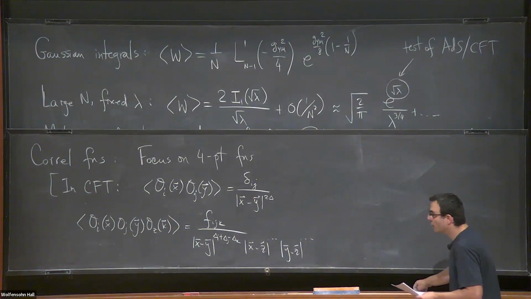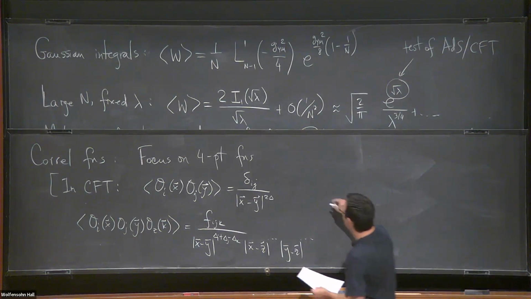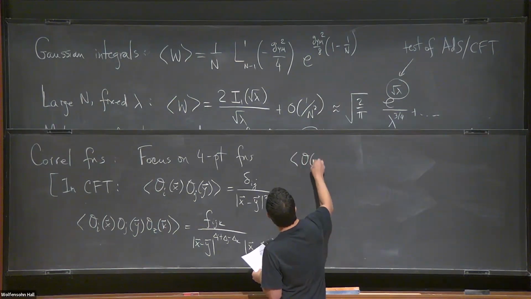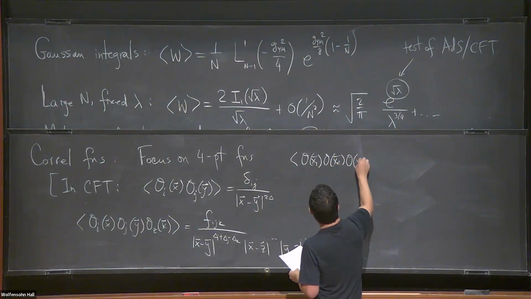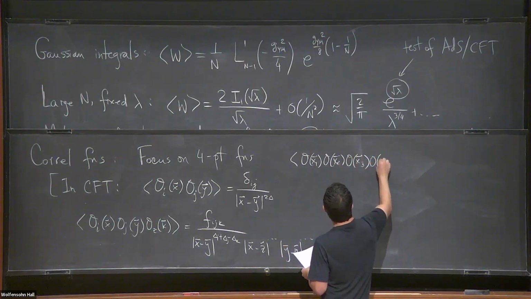The first much more non-trivial case is that of a 4-point function, where we have O of x1, O of x2, O of x3, O of x4.